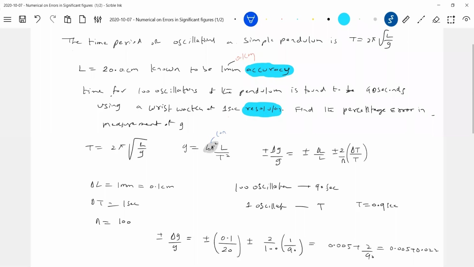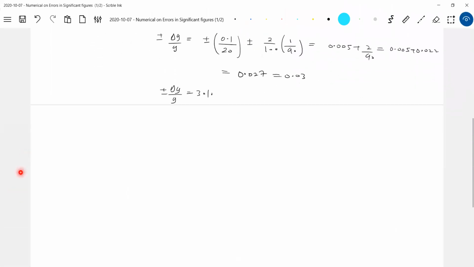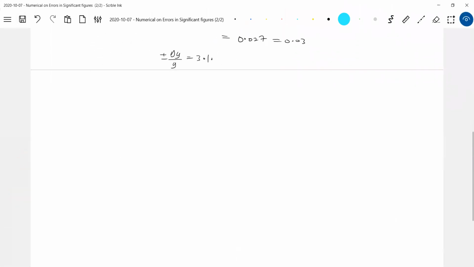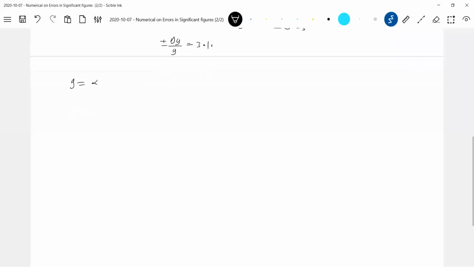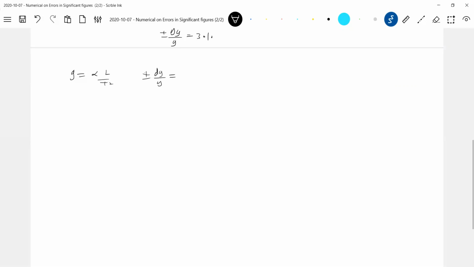But how did you get this equation? Use yesterday's analysis. Call all of this alpha, then d alpha by alpha, what will it be? 0, no? Some of you are asking, sir, where has 4 pi square gone? So take g equal to alpha, then dg by g.